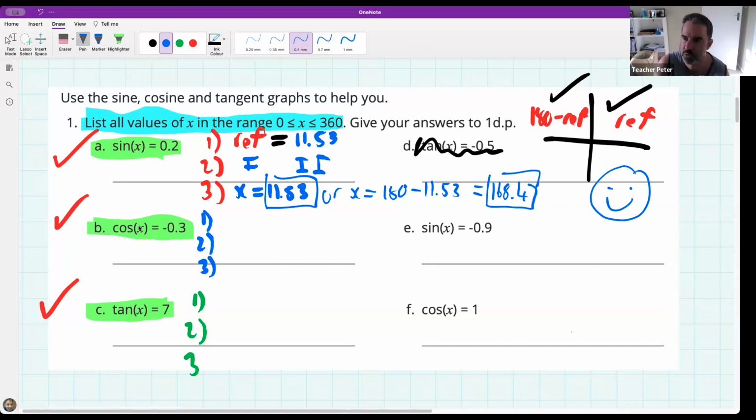So now I want you to move on to B and C. Can you solve those trig equations in the range 0 to 360? Maybe somebody can remember there's something a little bit sneaky about B. There's a bit of a trap we could fall into if we're not careful.